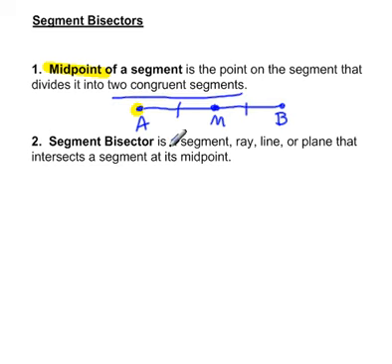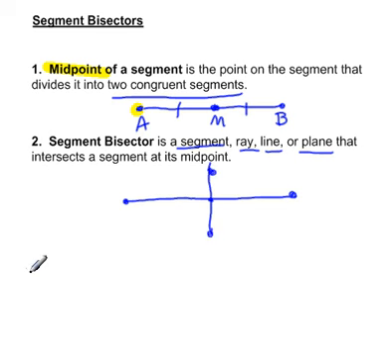So if you talk about a segment bisector, that means you've got a segment, and it can either be bisected or cut in two by a segment, a ray, a line, or a plane. So it could be another segment that cuts it in two.